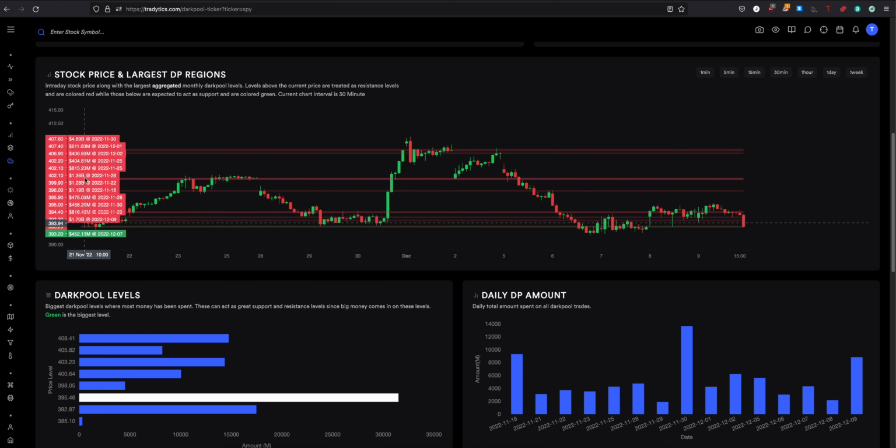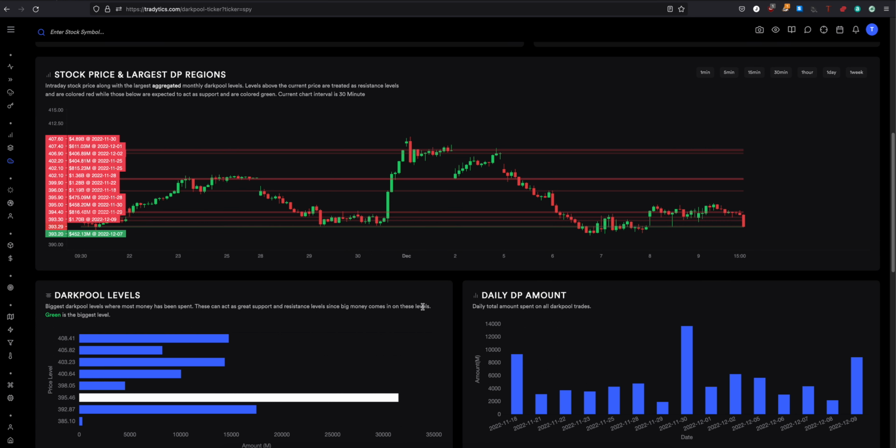So that's almost 2 billion, over 2 billion in orders there. And you'll notice this kind of thing pop up once in a while, 407.60, 407.40. So that's over 5 billion of dark pool right around that little zone. So I'll split the difference and put 407.50 on my chart here as a dark pool level.